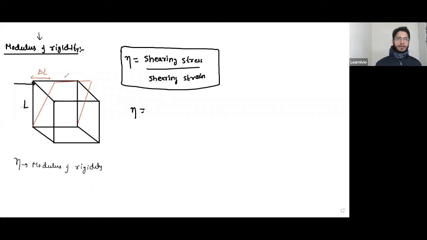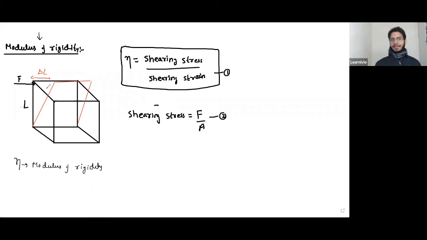Shearing stress: we are applying a force F over this face. So shearing stress is force. Let's call this equation number 1. We can write shearing stress as the ratio of force divided by area. That's equation number 2.